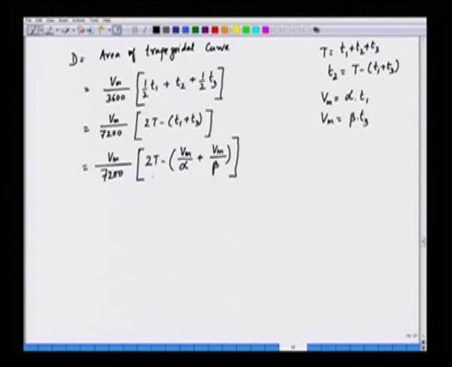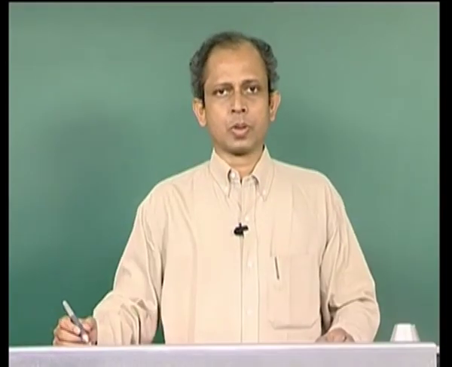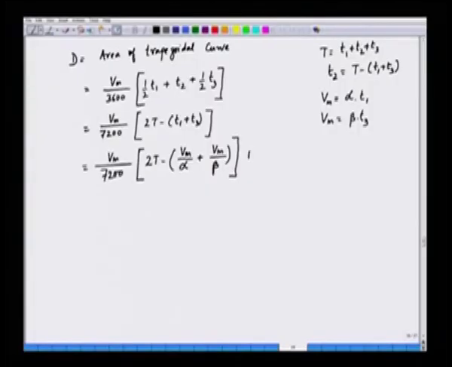That we can substitute here, and we have the expression for the distance travelled from A to D. So, we have calculated the distance travelled by the locomotive, and this D, the unit is in kilometer, because T1 is in second. So, we will get the expression of D in kilometer.